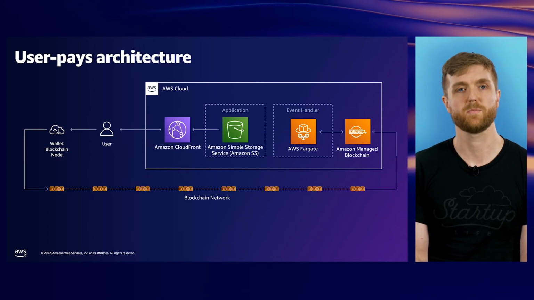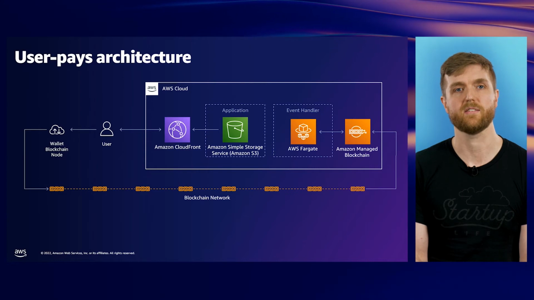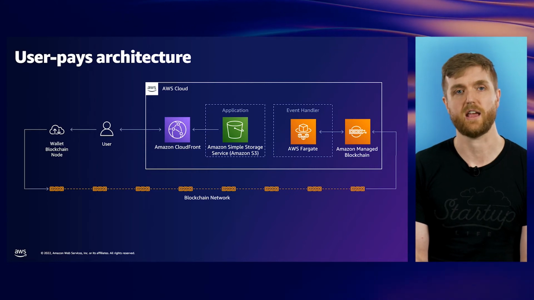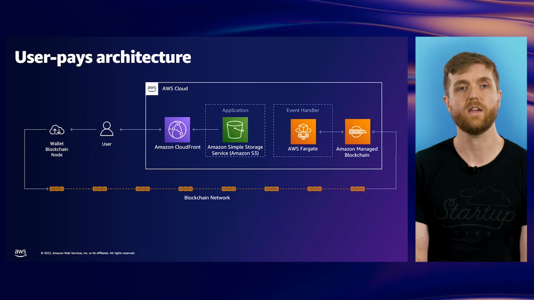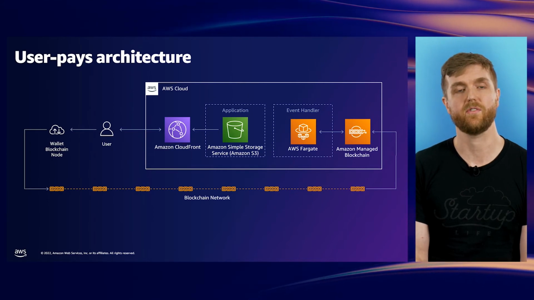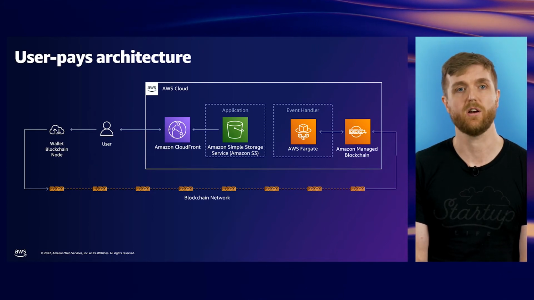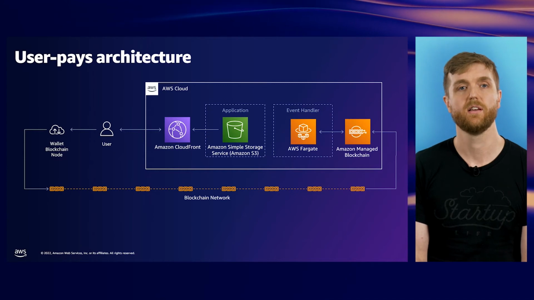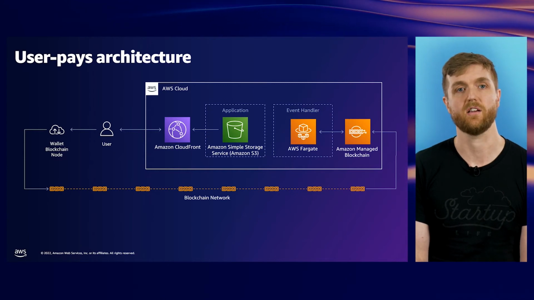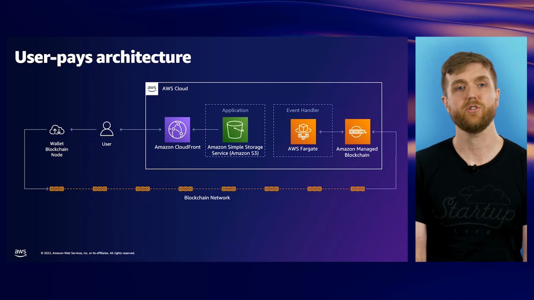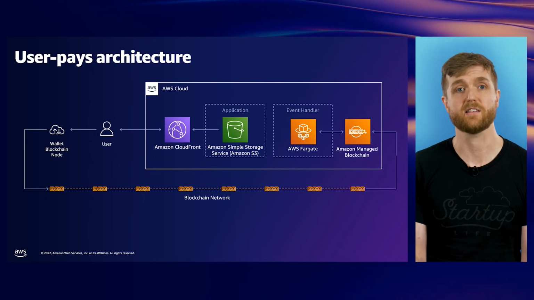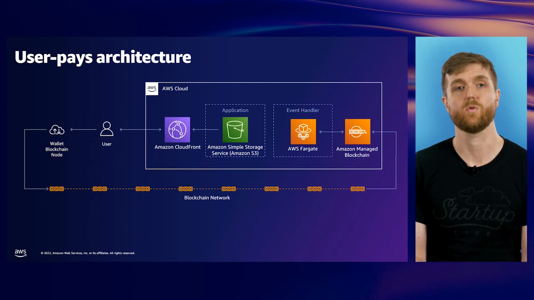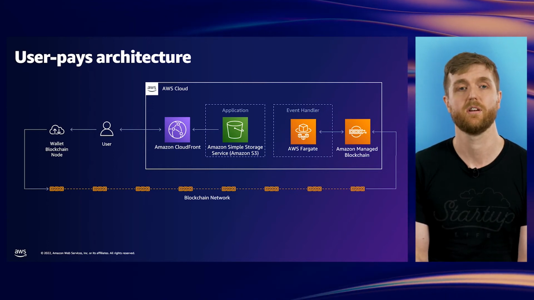Using our service's blockchain client, we can listen for events, such as the transfer of an NFT. Here, we're using AWS Fargate to listen for these events, and when one occurs, we can take some action, such as marking the NFT on our site as sold. The user pays architecture is what our customers running blockchain networks recommend to their customers.